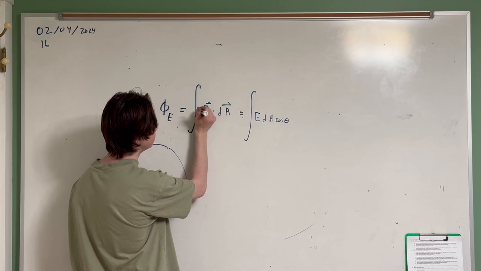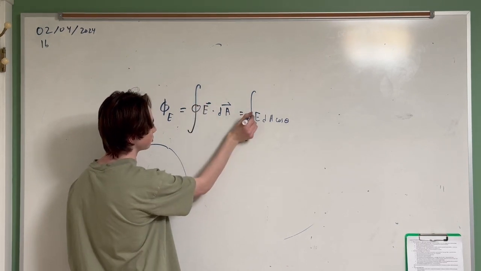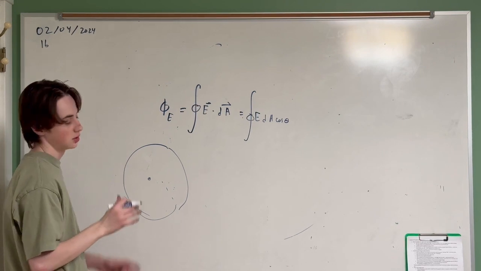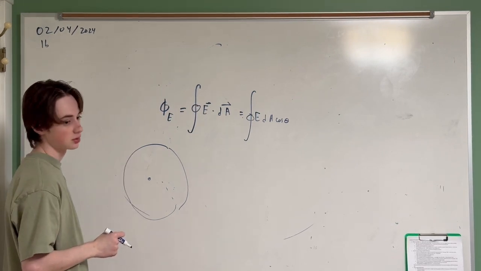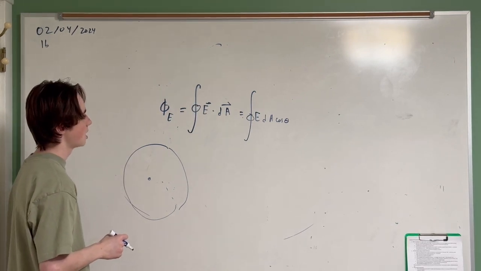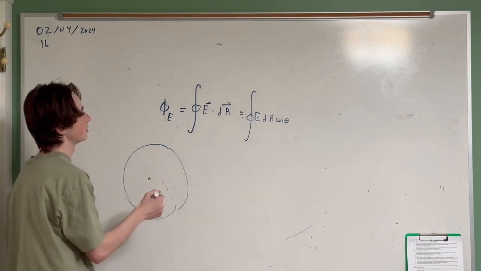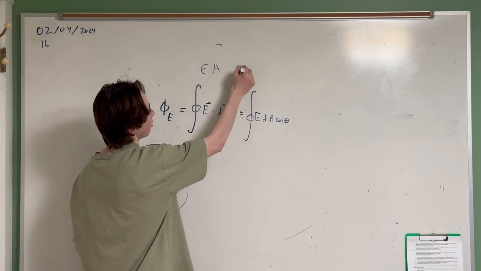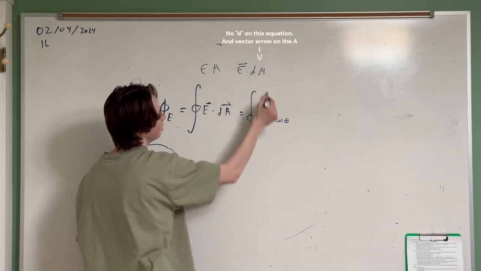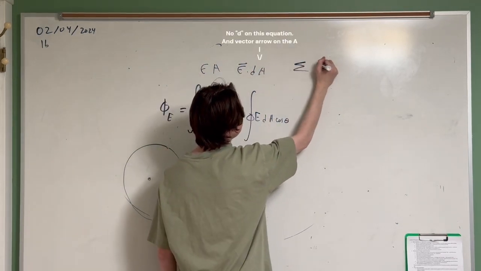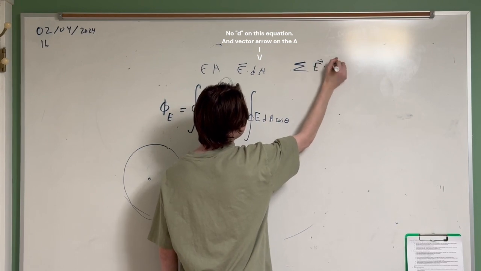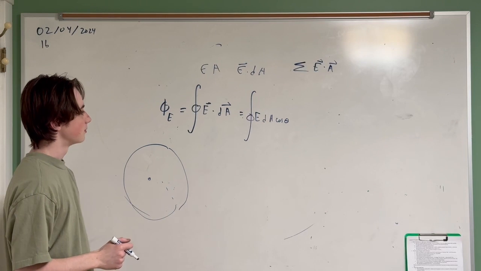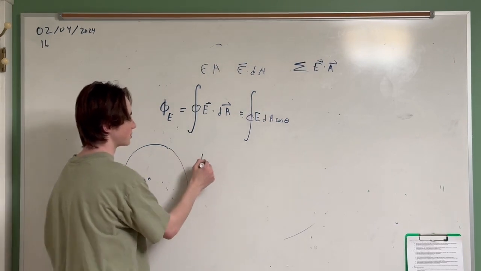So we change this integral symbol by putting a little circle in the middle of it, and that represents a closed integral. It's a closed surface around some object. So you can use this for electric flux. You can use EA if it happens to align, or E dot dA. You can also use the sum of E dot A if for some reason your surface is like a rectangle, so there are multiple parts, but you don't have to integrate.